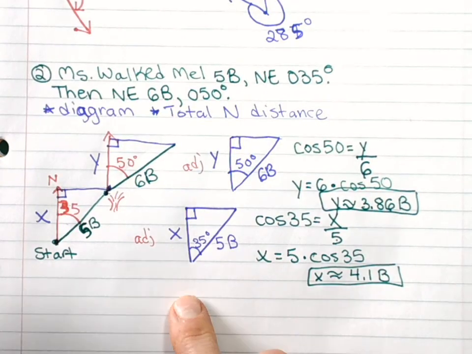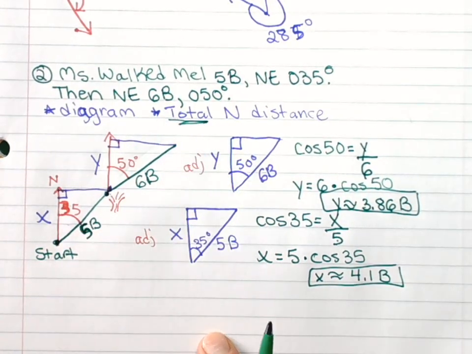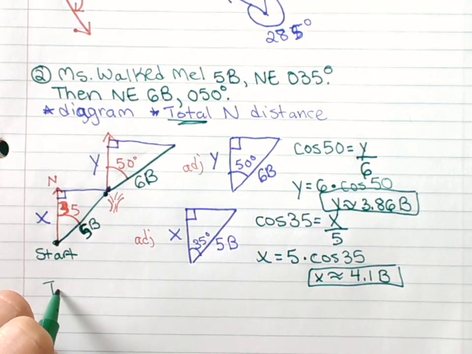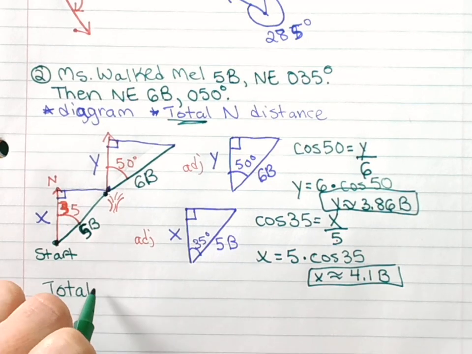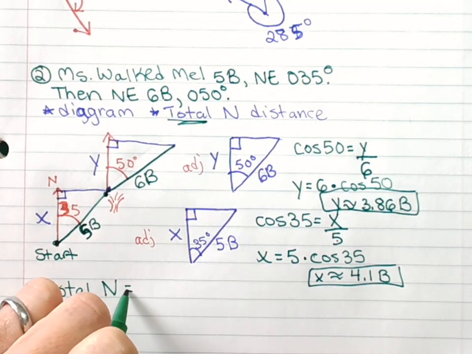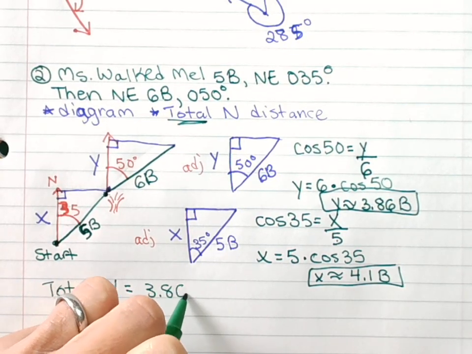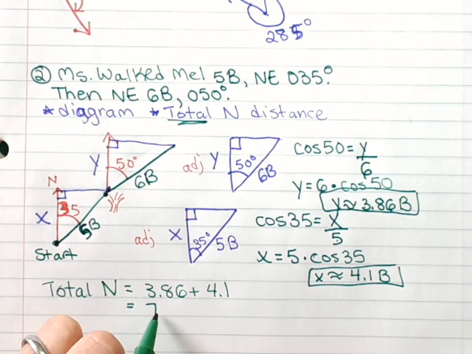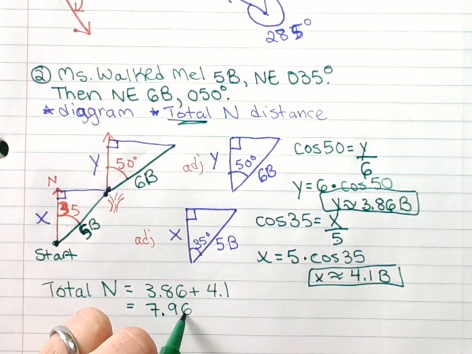But then we need the total. So we add those distances together. Total north would be 3.86 plus that 4.1, and we get about 7.96.